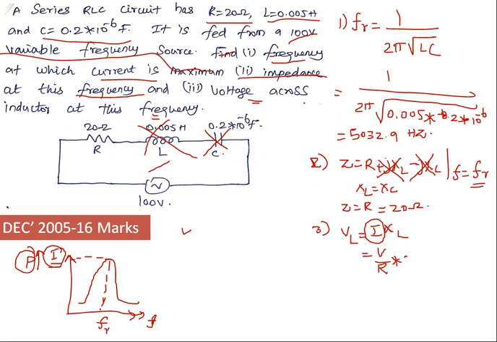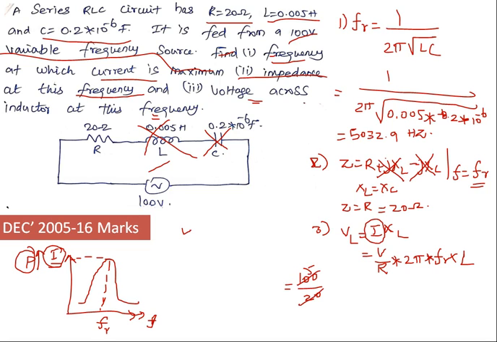XL is nothing but 2 pi FL, that is, 2 into pi into resonant frequency Fr into L value. The supply voltage V is equal to 100. What is the value of R? 20.